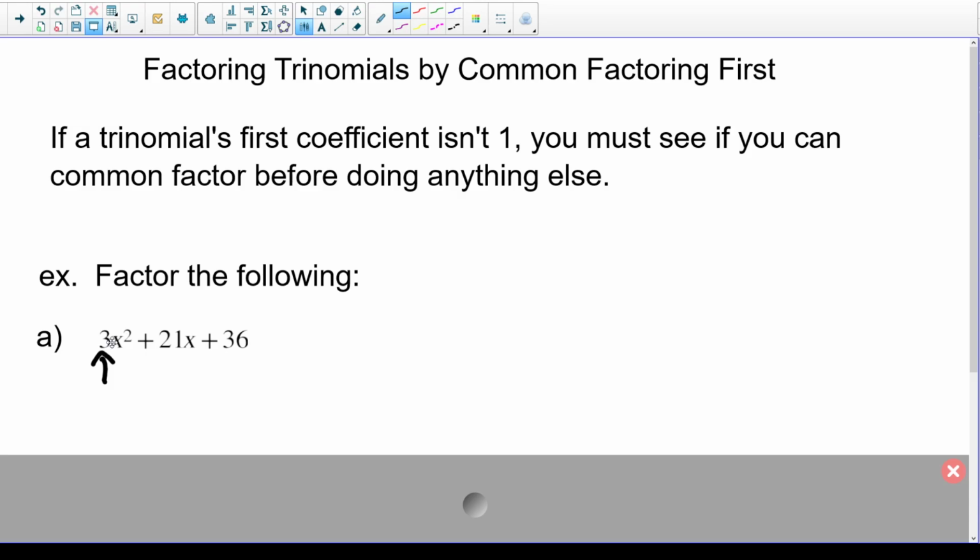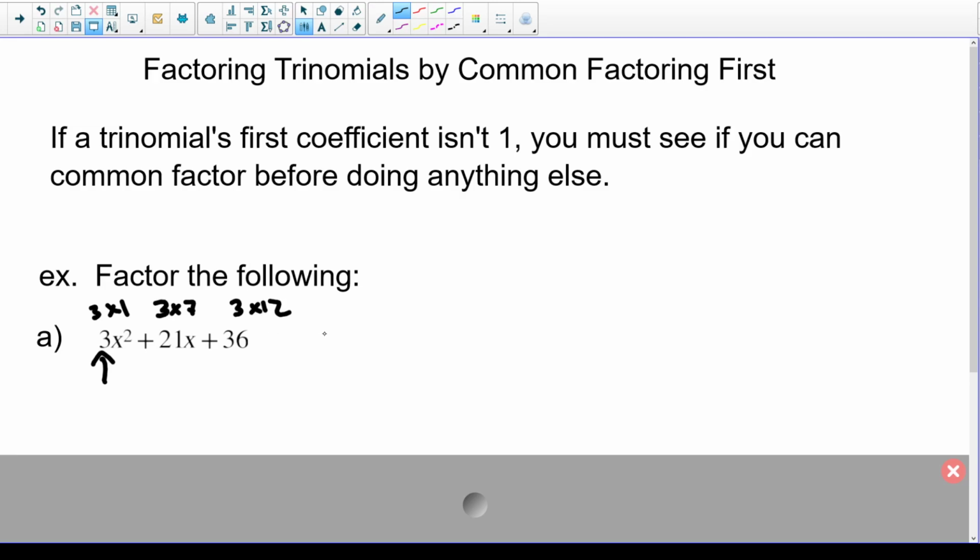That makes this a type 2 trinomial. However, can we divide out the 3 from all 3 terms? Well, since 21 is 3 times 7, and 36 is 3 times 12, we have a greatest common factor of 3 in all 3 of those terms.